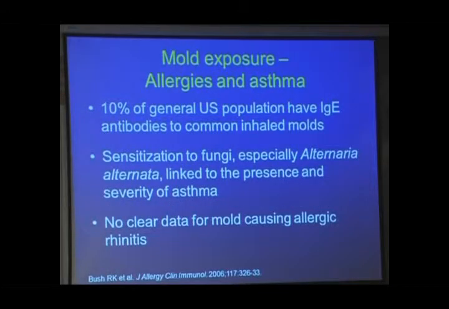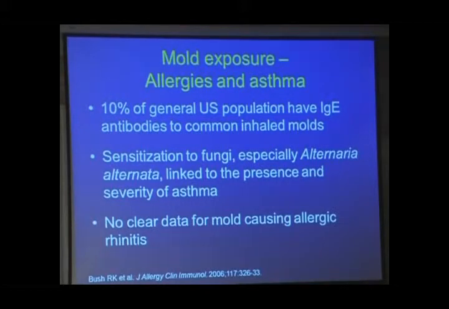What about mold exposure and allergies and asthma? 10% of the general US population have IgE antibodies to common inhaled molds. It's been shown that sensitization to fungi, especially Alternaria, is associated with the presence and severity of asthma. So people who are sensitized to it are more likely to have more severe asthma symptoms.